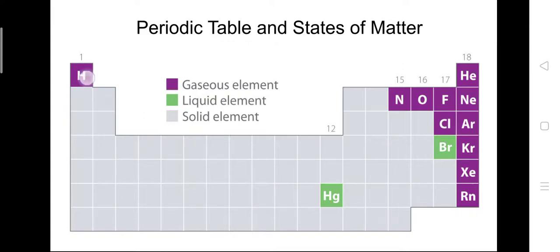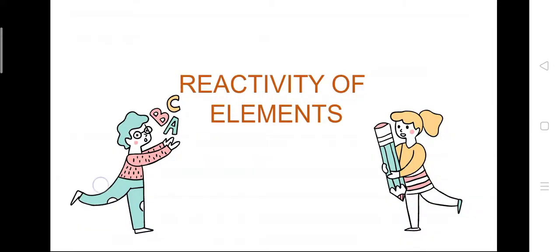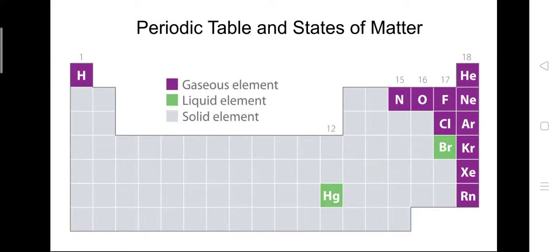The purple color, like hydrogen, nitrogen, oxygen, and all the noble gases, are in the gas state. Only mercury and bromine are liquid elements in the periodic table, and other than that they are solid elements.